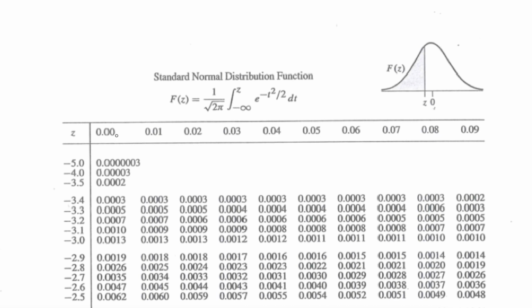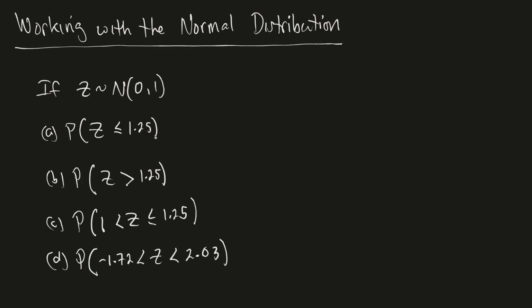The table gives probabilities for z values accurate to 2 decimal places, so we have 0.00, then 0.01, 0.02, etc.